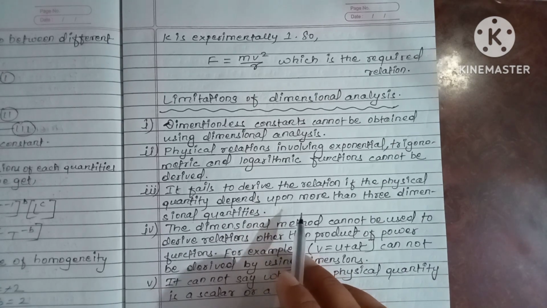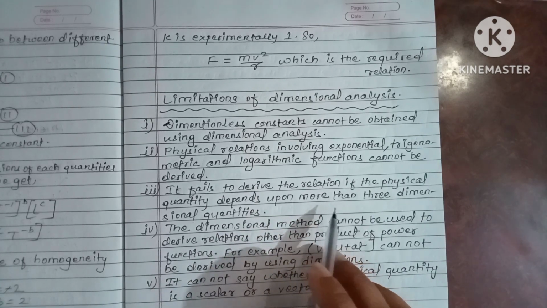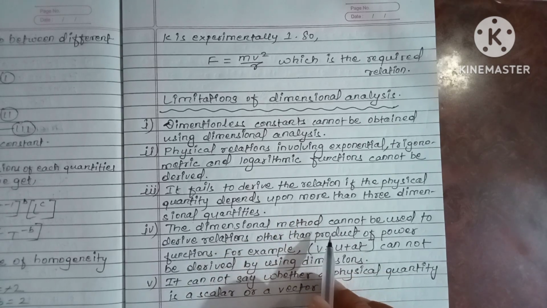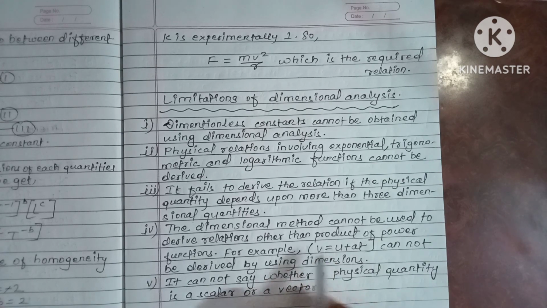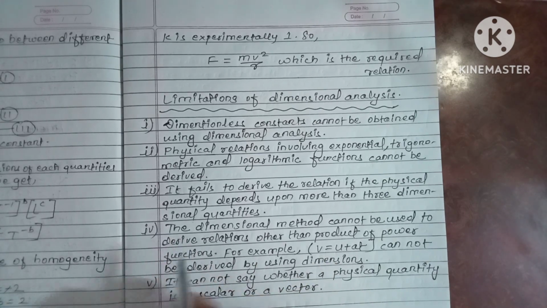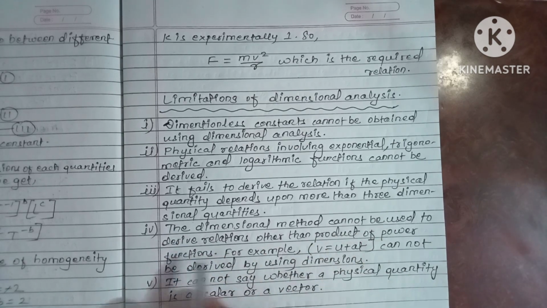Similarly, relations with more than 3 physical quantities cannot be derived, and we cannot determine the plus or minus in between an equation. The dimensional method cannot be used to derive a relation other than a product of power functions.